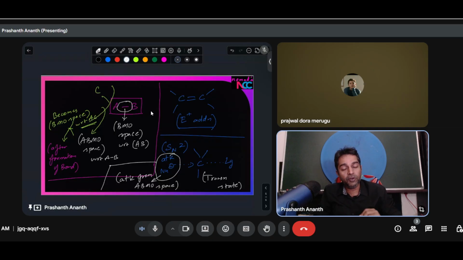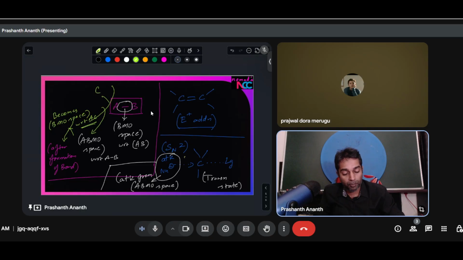Technically, the attacking nucleophile attacks from the anti-bonding molecular orbital space with respect to which one? Any space you have to define with respect to a bond. With respect to which bond? In this case, what do we say the attack is like?